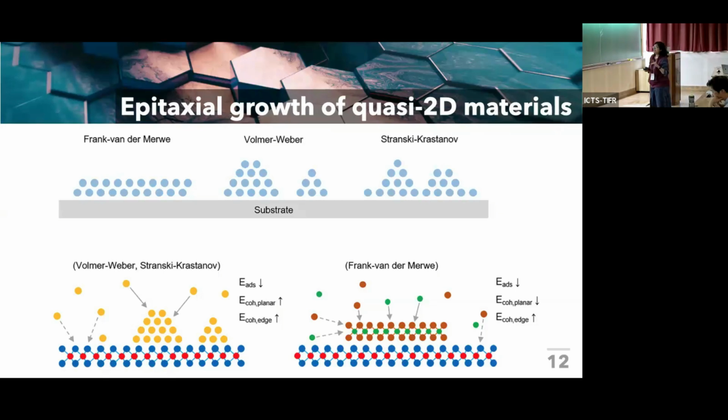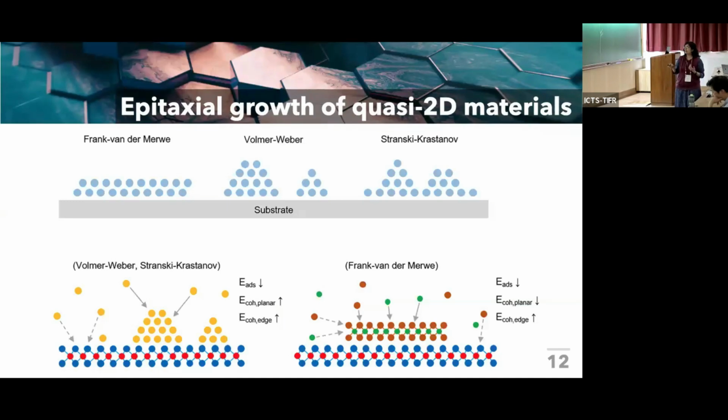In this case these materials also have very low diffusion barriers. Because of that, the initial nucleus forms and the next set of adatoms start attaching to the edge sides of the nucleus, because these are more reactive than the planar side.